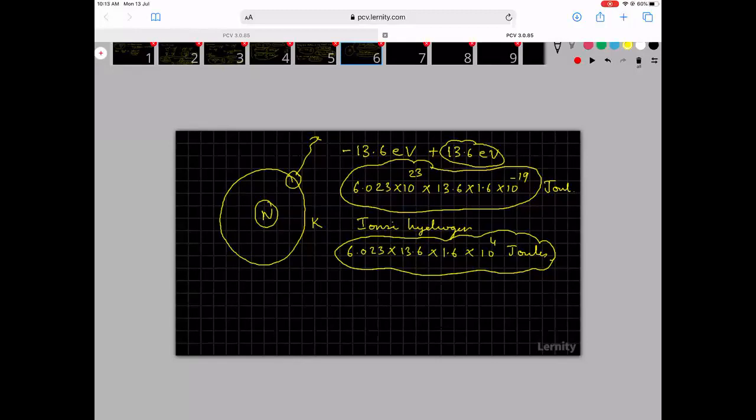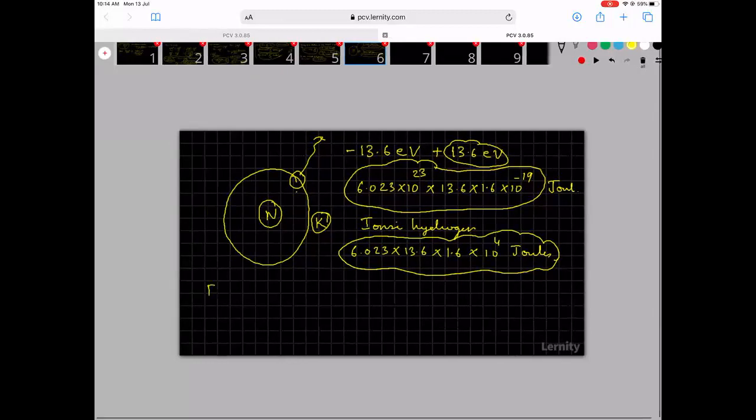Ionize means remove the outermost electron. It is only one orbit, so it is the outermost electron. In case of hydrogen, the electron in the first orbit is called the ground state.